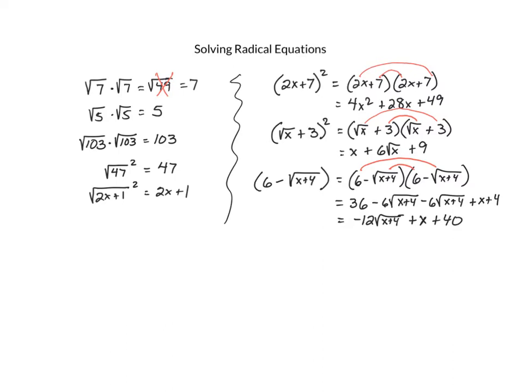And these are the types of expressions that are going to come up in just a couple minutes. Let's move on and actually solve some radical equations now. Let the first equation we're going to solve look like this. It will be the square root of 3x minus 5 equals 4.